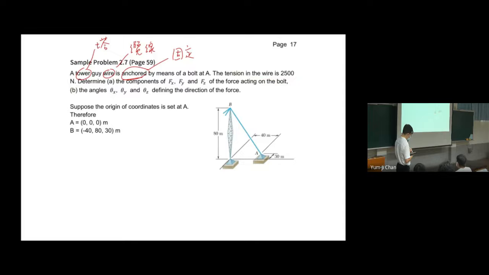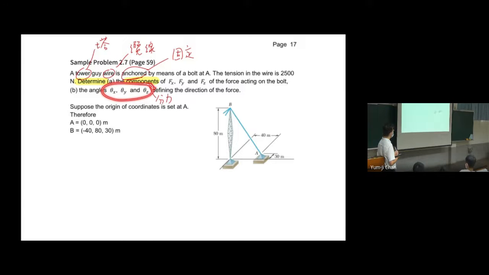So determine means we need to know, right? We need to know the components Fx, Fy, and Fz of the force acting on the boat. And the second thing is the angles theta x, theta y, and theta z, defining the direction of the force. So in this question, this is quite special.